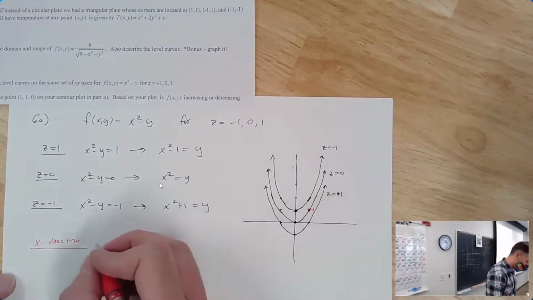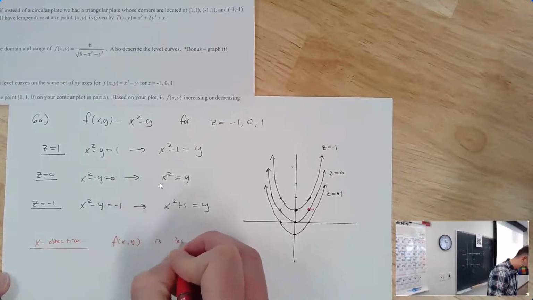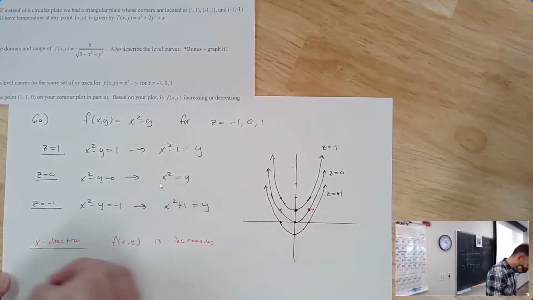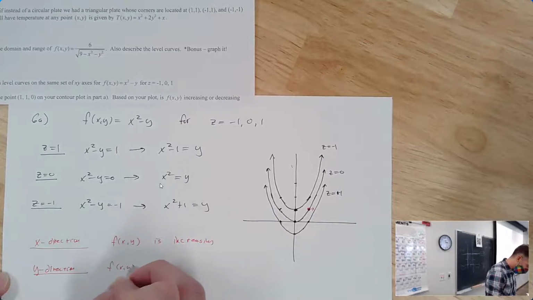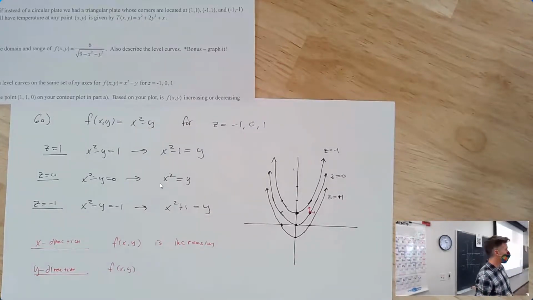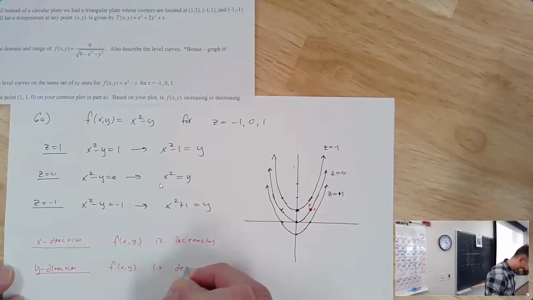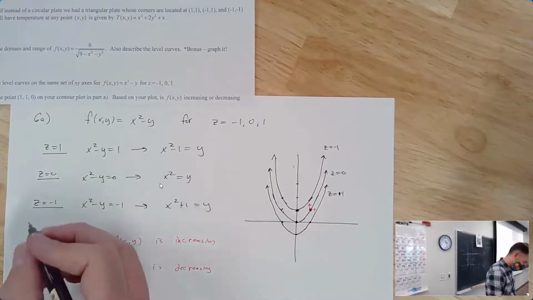So in the x direction, the function is increasing. In the y direction, the function is, well, if we move upwards, we're going towards a smaller value, right? The function value is less. So the function is decreasing.